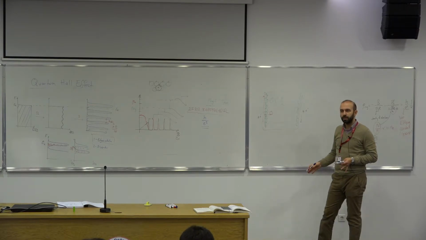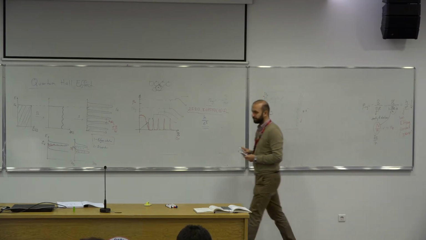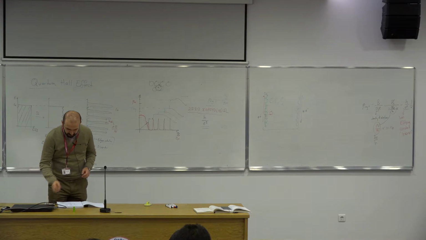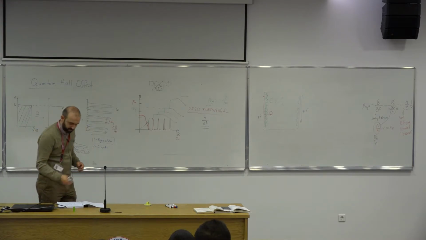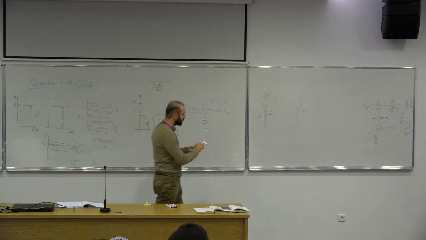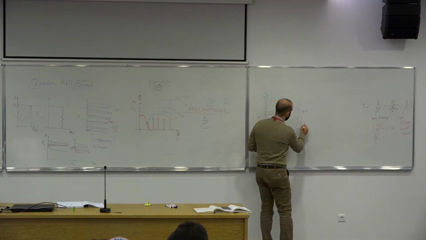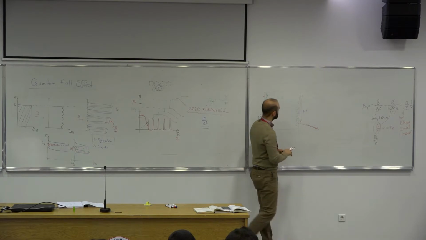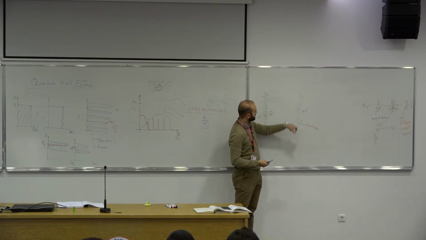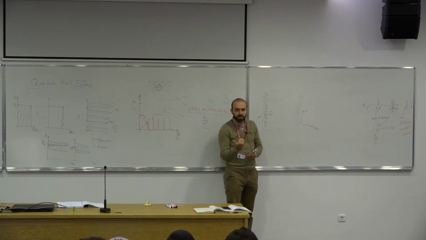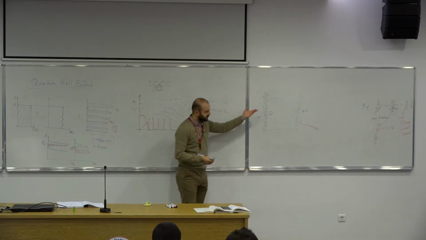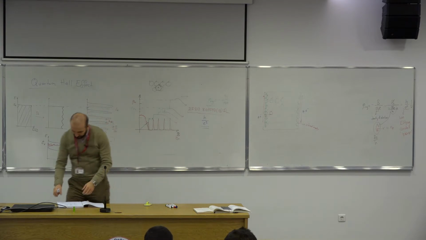So overall, I'll have no net current flow. Okay? Now, let's try to develop a more formal understanding of how these edge states work. They are called chiral modes. Okay? So the chirality comes from the fact that they can only move in a certain direction under a certain rotation angle. So these modes are called chiral modes.